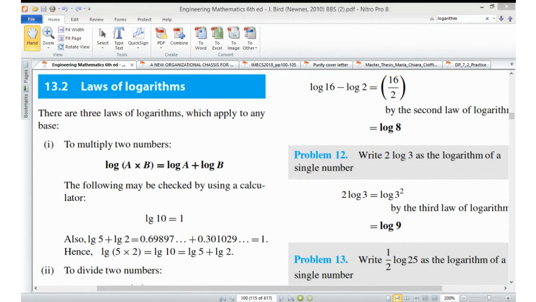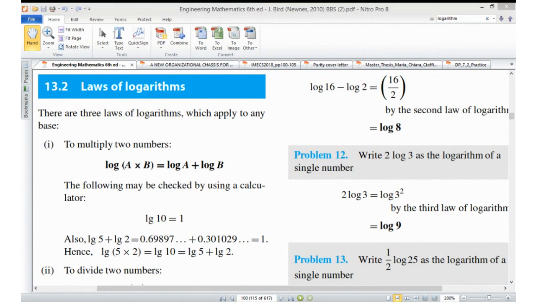So a fact check is there. Log 10 is equal to 1. So they are distributing it into log 5 plus log 2. That is like you've written log 5 times 2, which is similar to log 10, okay?